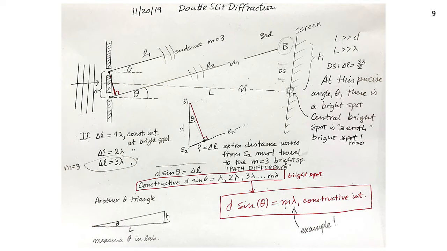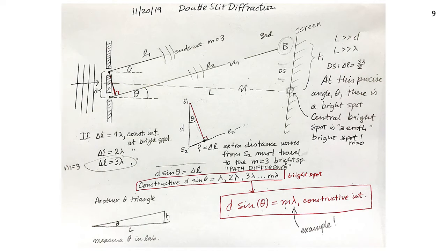The bright spot will only be at the angle at which you get delta L equals 1 lambda, or 2 lambda, or, and this is actually what we have, 3 lambda. This is ours. This is M equals 3.